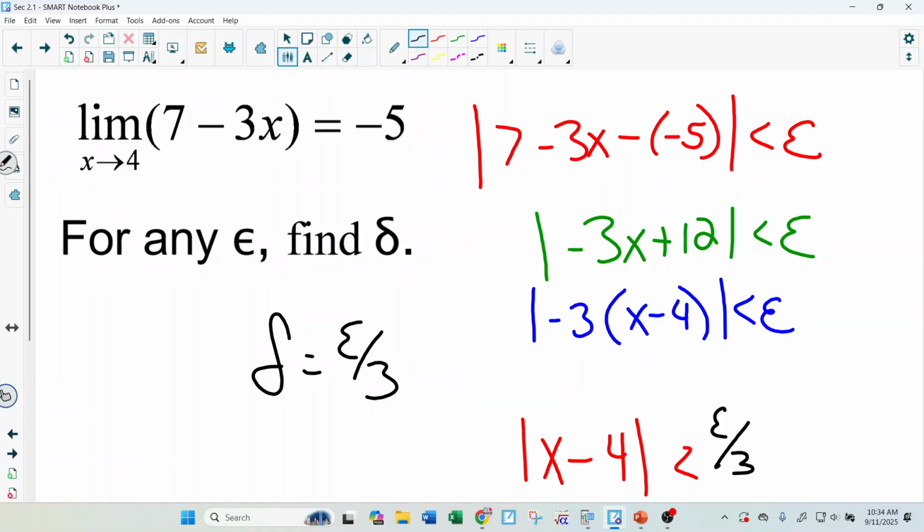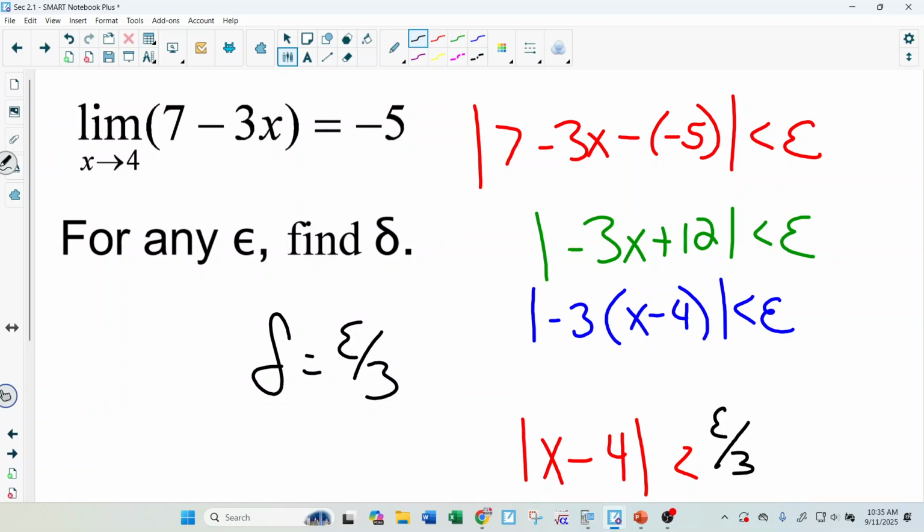For every epsilon greater than 0, there exists a delta that is greater than 0. So you can't have a negative in your delta. Even though you have a negative 3 here, because it's in the absolute value, when you pull that out, you only get a 3. Your delta could never be negative.